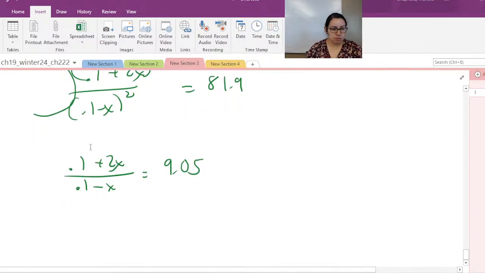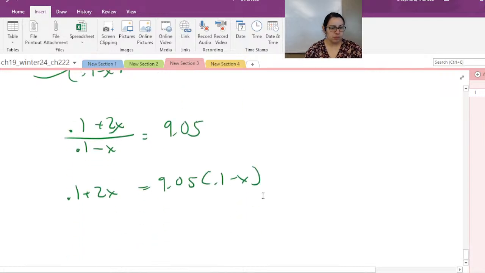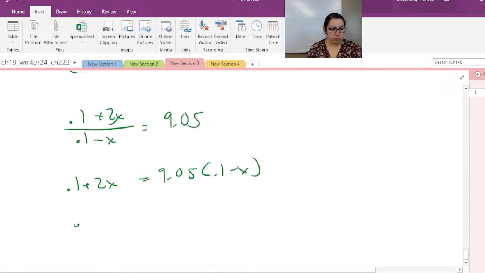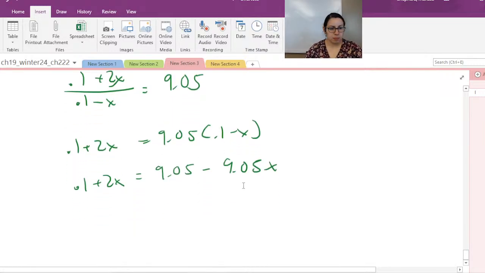And so then just keep doing algebra, so then you can multiply and distribute. And then just get x on one side, numbers on the other.